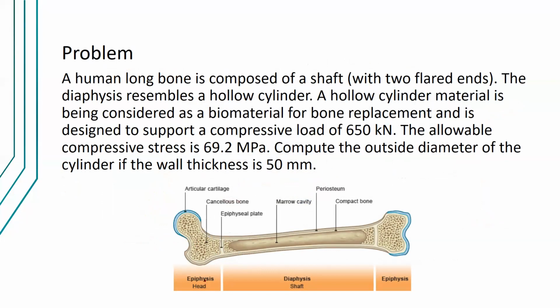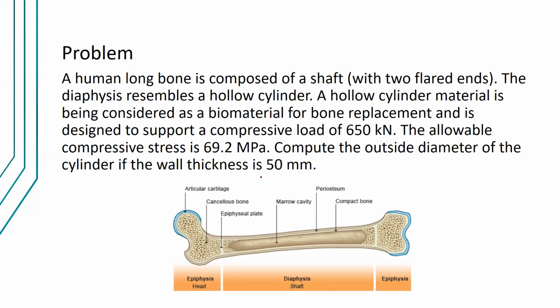The diaphysis resembles a hollow cylinder. A hollow cylinder material is being considered as a biomaterial for bone replacement and is designed to support a compressive load of 650 kilonewtons. The allowable compressive stress is 69.2 megapascal. Compute the outside diameter of the cylinder if the wall thickness is 50 millimeters.